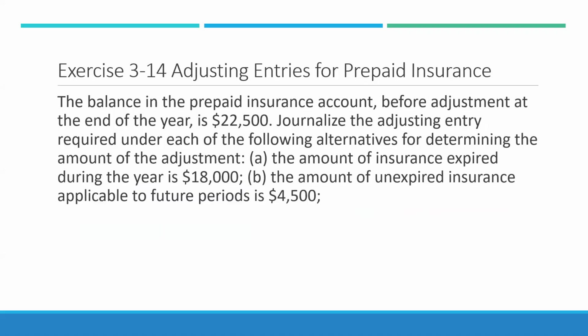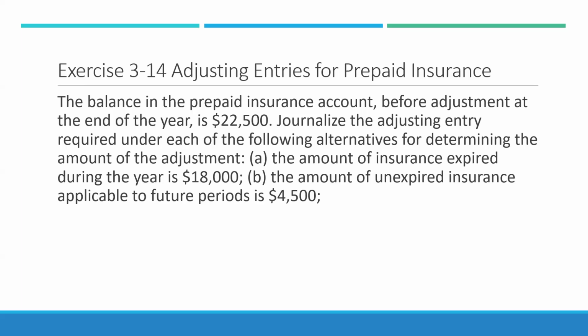The balance in the prepaid insurance account before adjustment at the end of the year is 22,500. Journalize the adjusting entry required under each of the following alternatives for determining the amount of the adjustment.